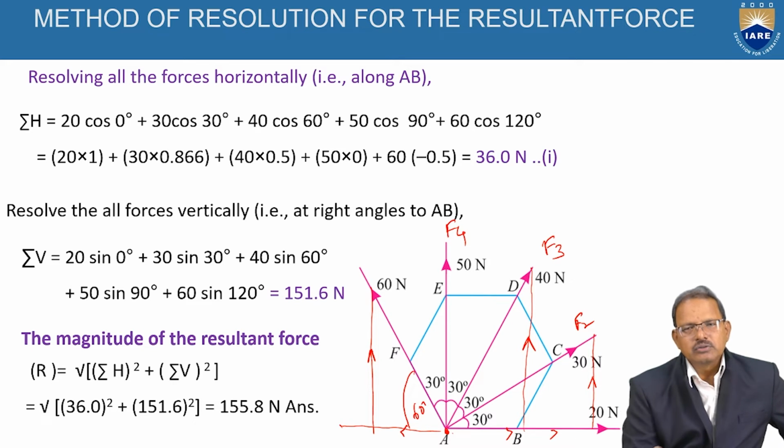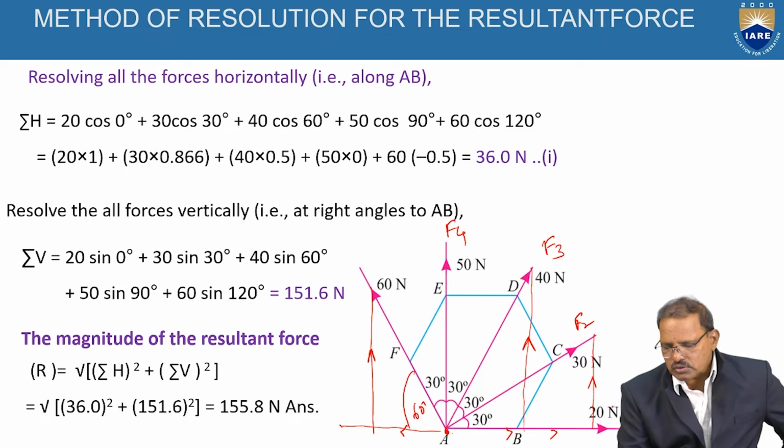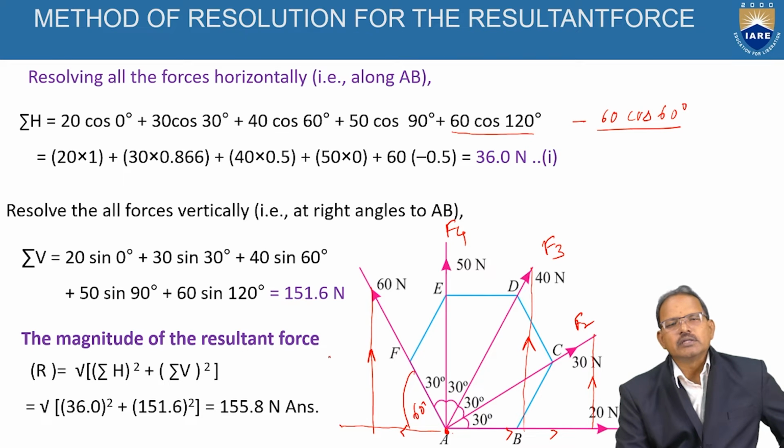Here, sigma H is equal to 20 cos 0, because the inclination is 0, plus 30 cos 30 degrees, plus 40 cos 60, plus 50 cos 90, and for the fifth force, plus 60 cos 120 degrees when measuring counterclockwise, or it can also be taken as minus 60 cos 60 degrees according to this figure when it is resolved.